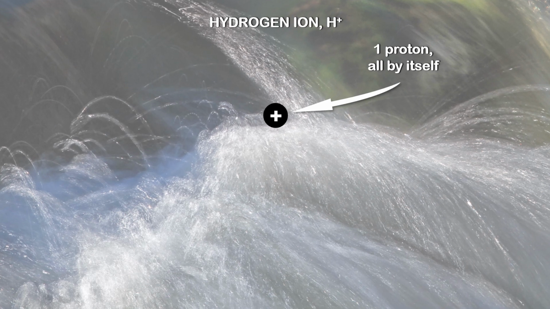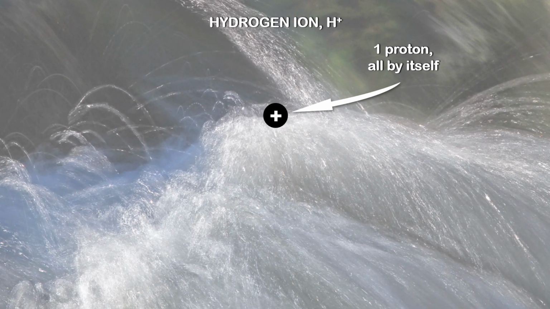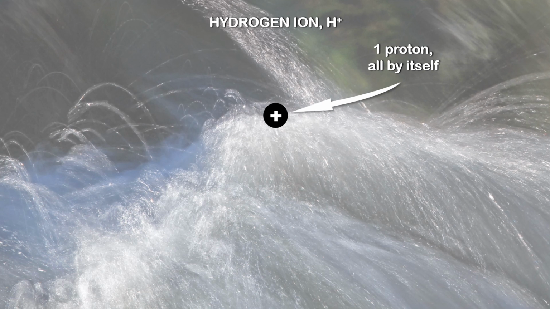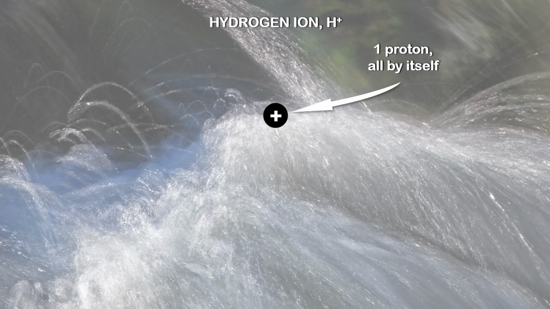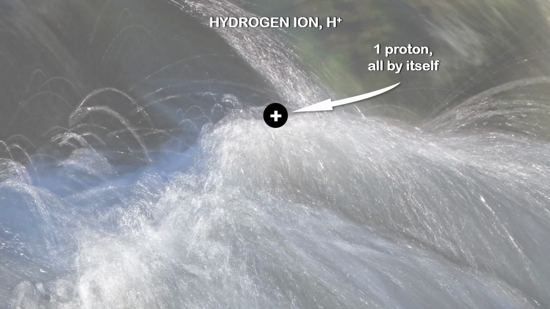Without an electron cloud, hydrogen plus, the hydrogen ion, is just a single tiny proton, a positively charged particle. The hydrogen ion has no electron cloud at all. Hydrogen is the only chemical without an electron cloud when it forms a singly charged ion.